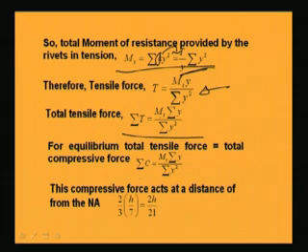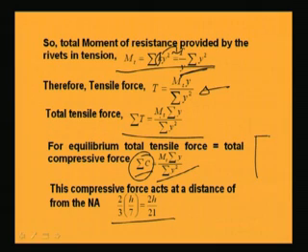So, we can write summation T is equal to summation C. That means the total tensile force, whatever it is coming, is in equilibrium with summation C, and this total compressive force has to pass through 2/3 of h by 7, because if we see the stress diagram, this is h by 7 and the compressive force will act at 2/3 of this distance. So, this is how we finally get 2h by 21.